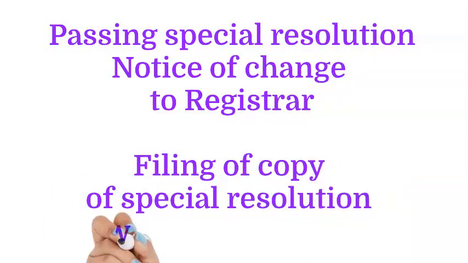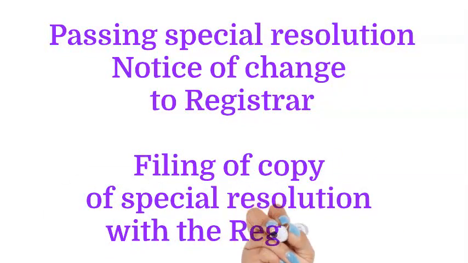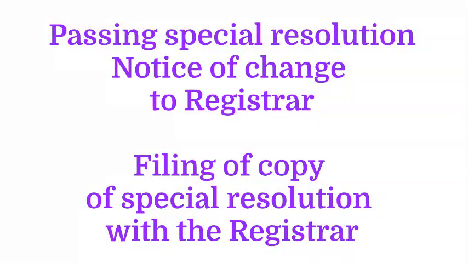So after passing the special resolution, the company shall give the notice of this change of registered office to the registrar within 15 days of change. The company shall file a copy of the special resolution with the registrar within 30 days of passing the resolution.